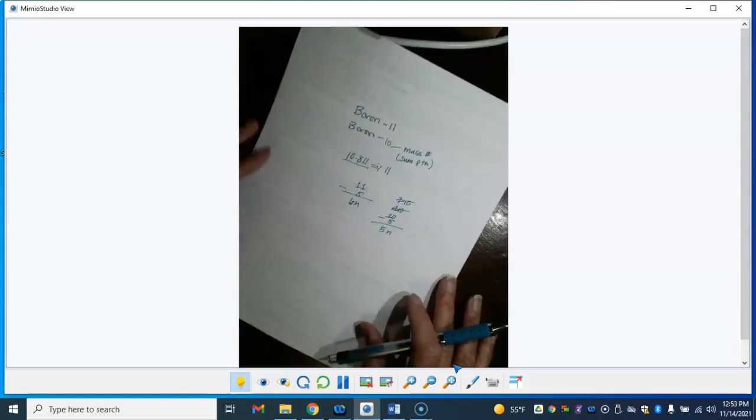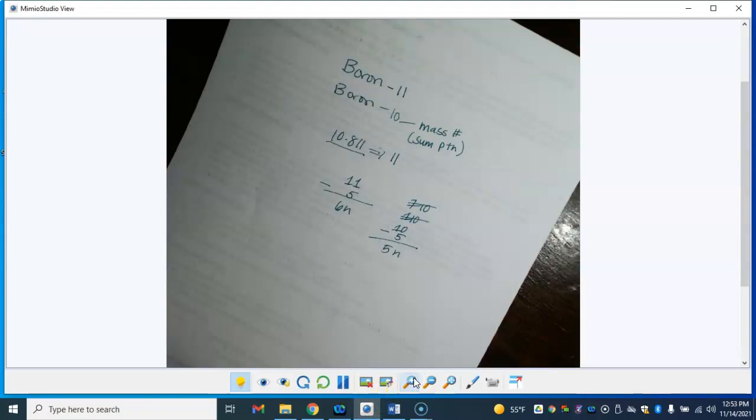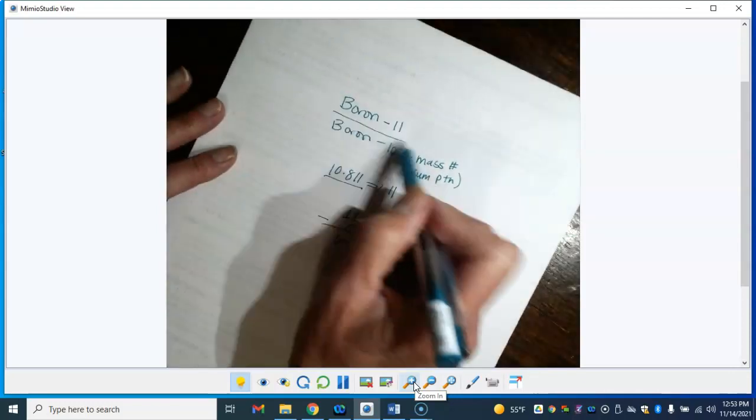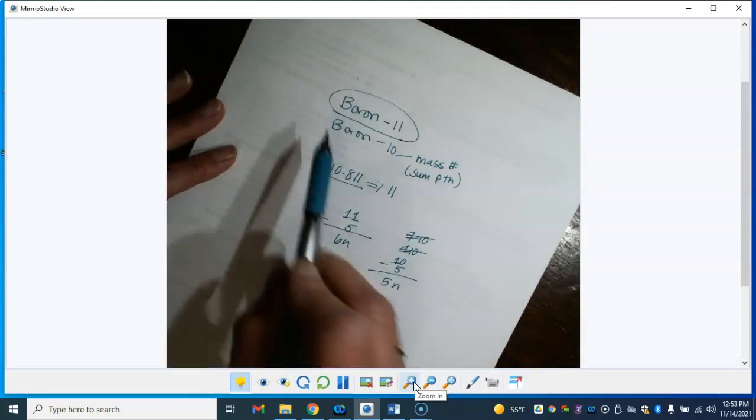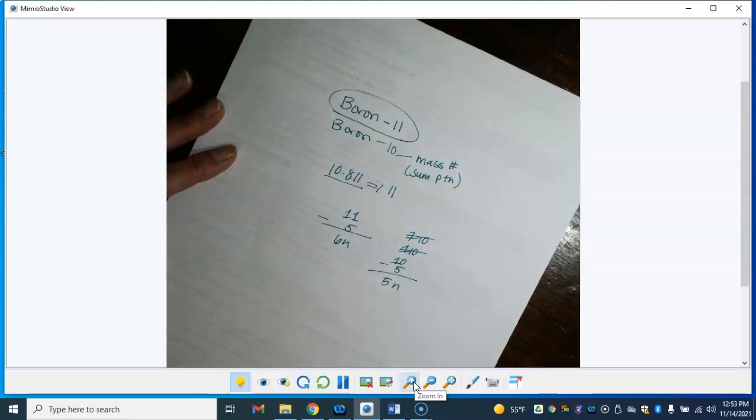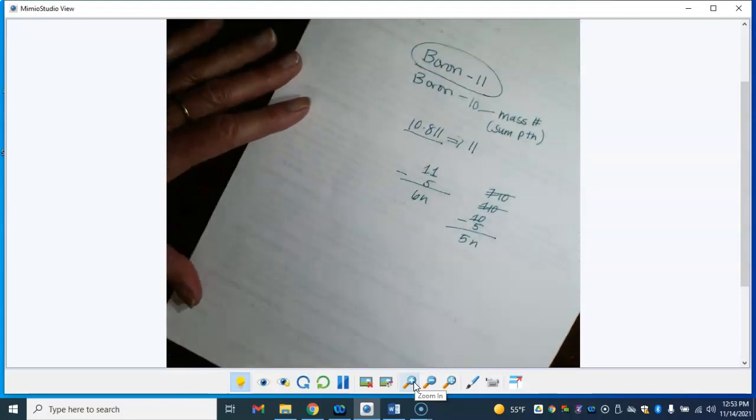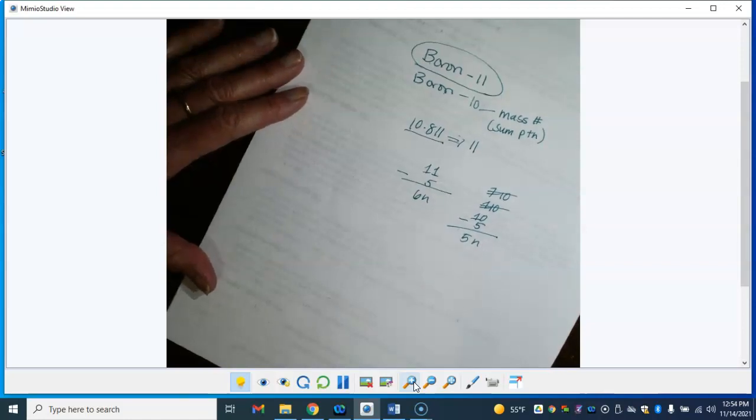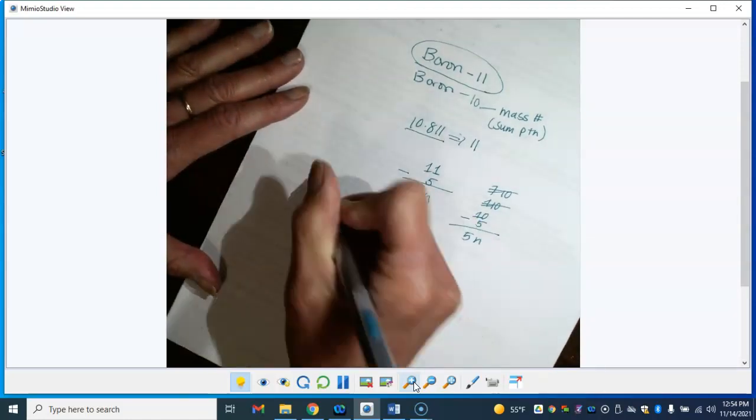Before we get started, I did want to explain one other thing: a way to write the isotope symbol. This is one way to represent the isotope, the name with the mass number attached to it. Another way to represent the isotope is using its symbol.